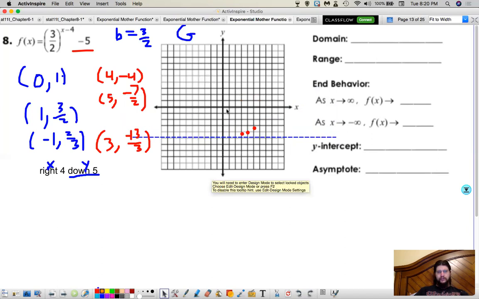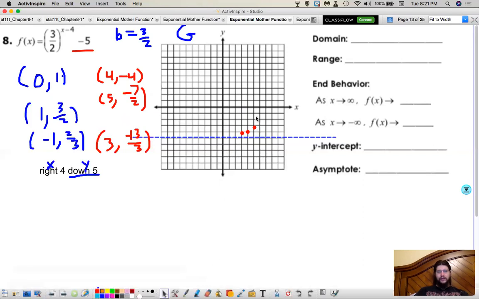Let's see if that works. I should have 4, -4. 1, 2, 3, 4. 1, 2, 3, 4. Yeah. I'm a little off, but yeah, pretty close. And yeah, it's 5. And let's see, -7/2.